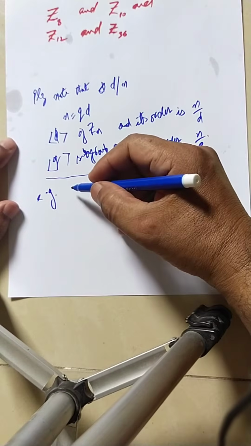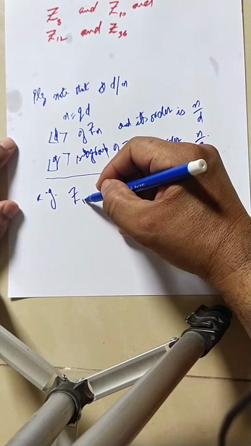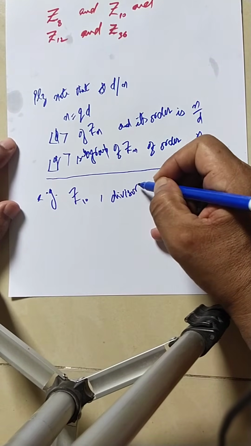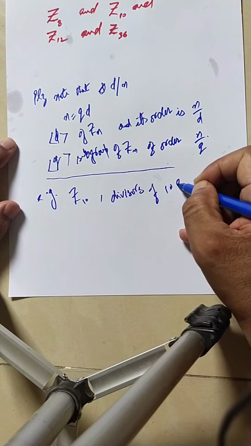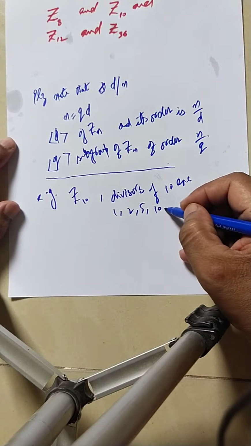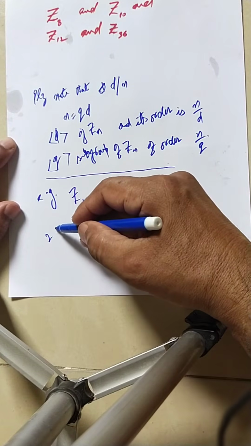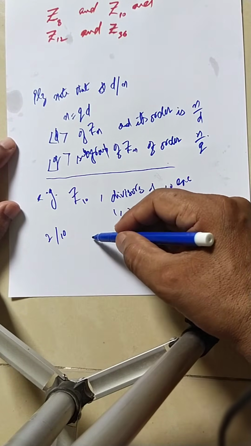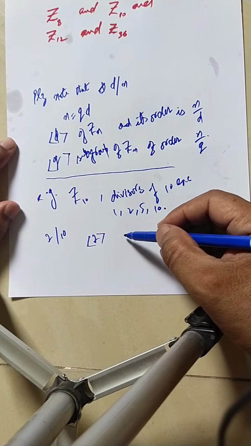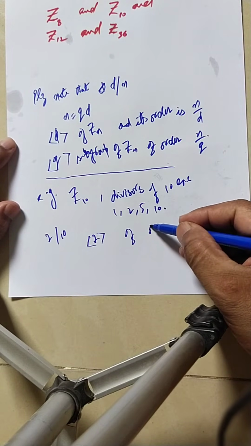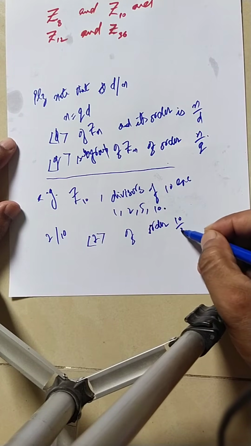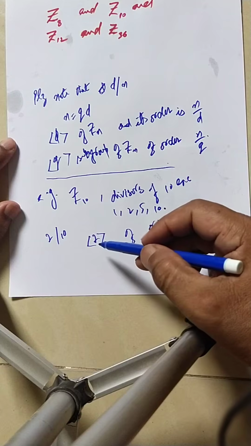For example, in Z10, divisors of 10 are 1, 2, 5 and 10. 2 divides 10. There is an ideal and subgroup generated by 2 of order 10 by 2, mean order 5.